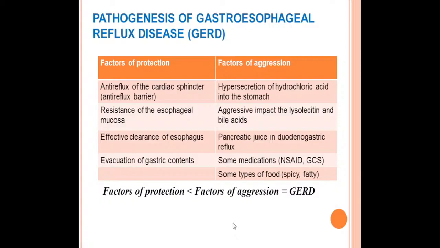Factors of aggression are hypersecretion of hydrochloric acid in the stomach, the aggressive impact of lysolecithin and bile acids, and pancreatic juice in duodenogastric reflux, which provokes duodenogastric reflux into gastroesophageal reflux.